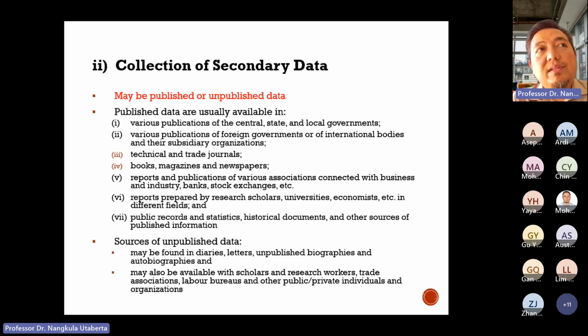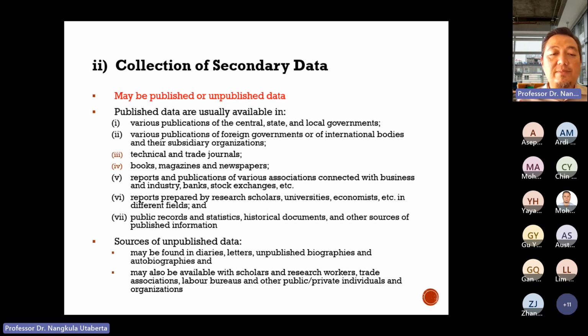Secondary data may be data which was published or unpublished. There are two possible sources of secondary data. Published means various publications, like government publications, technical journals, books, magazines, reports. These are published data.